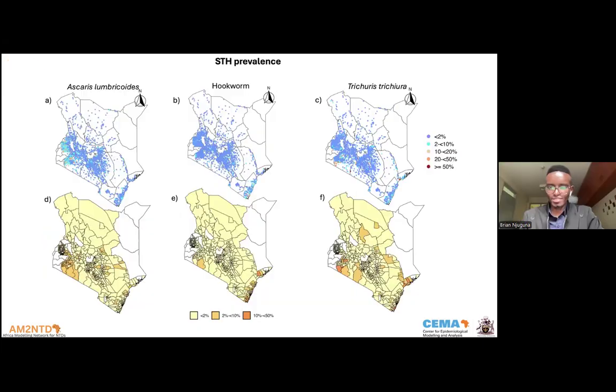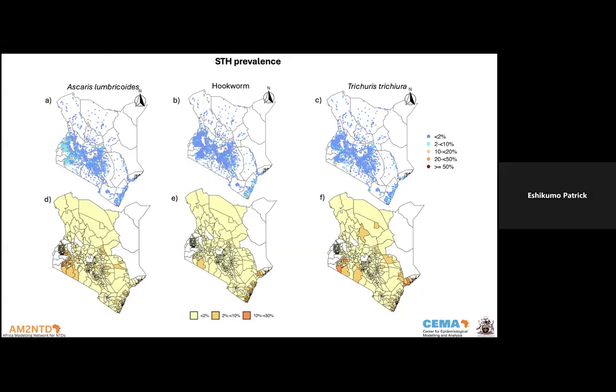Great. Sorry for that. I was saying for each school, we obtained 3 pieces of information. The first was the longitude and latitude of that school, or the precise location of the school. The second was the total number of children who were sampled in that school.